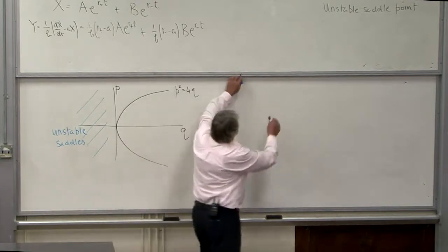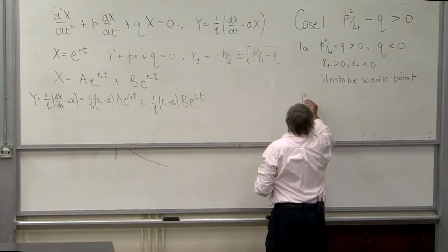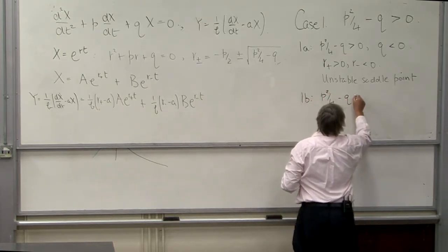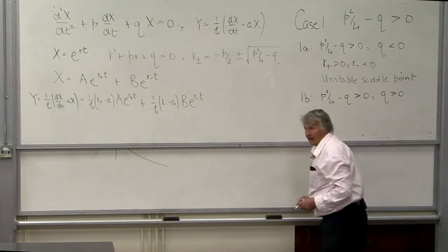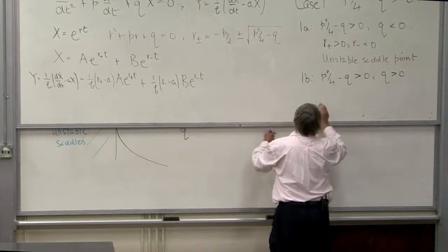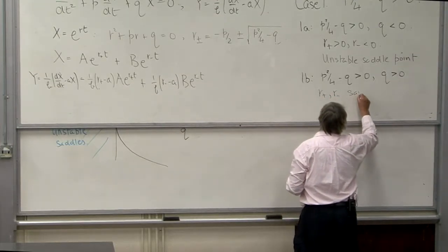How about if the Q was positive? We have P squared over 4 minus Q is greater than 0 and q is positive. Now we have two roots which have the same sign. So r plus, r minus, same sign.